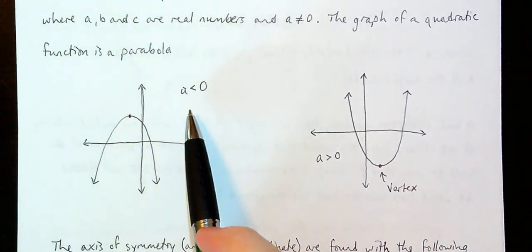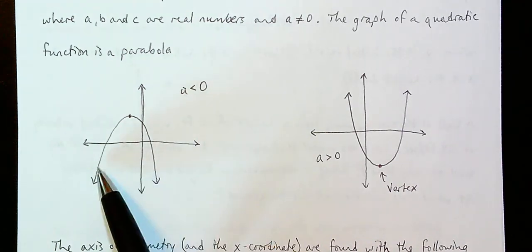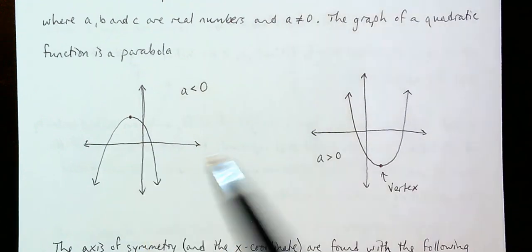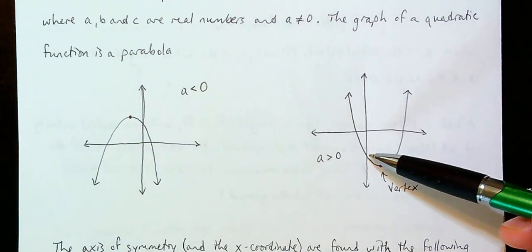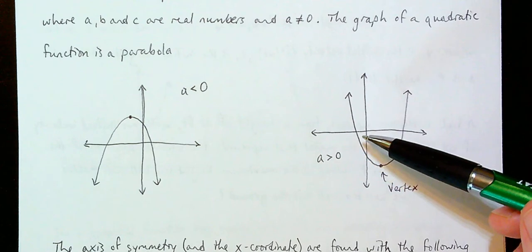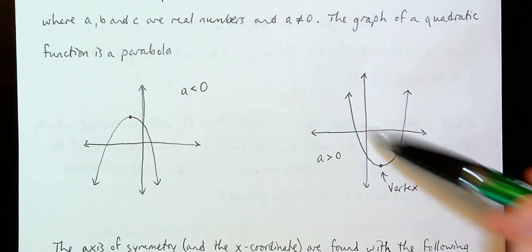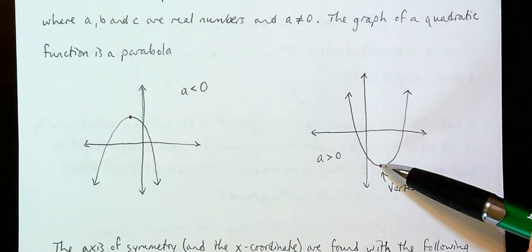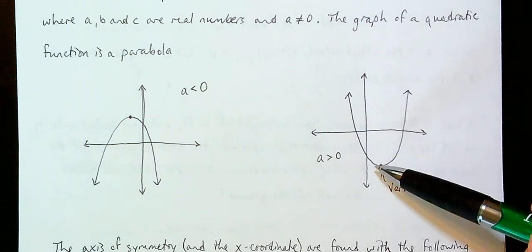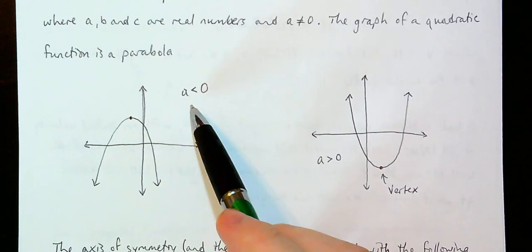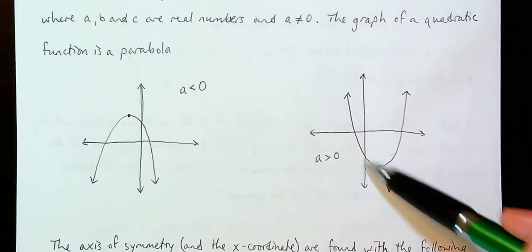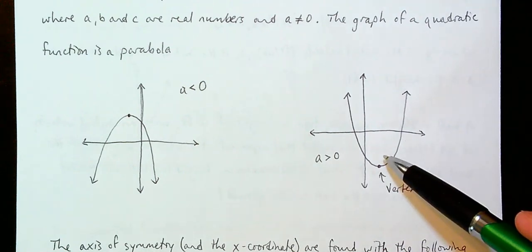If that number in front of your x squared is negative, then your vertex is going to be the highest point on the graph of your function. If your a value is positive, then your vertex is going to be the lowest point on your graph. So a negative, vertex is your highest point. A positive, vertex is your lowest point.